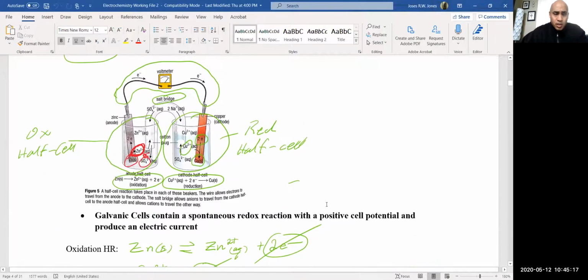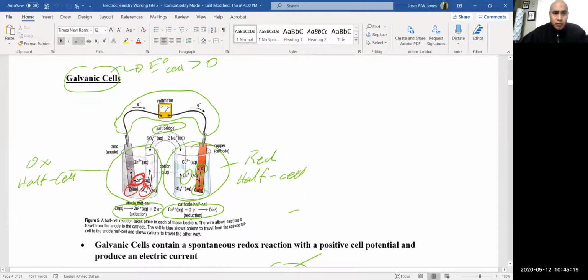Okay, so in this particular setup of a galvanic cell, you have 2 separate beakers where the 2 half reactions are occurring in separate spaces. In other galvanic cells, those 2 half reactions can actually occur within the same beaker, within the same physical space, and you can still get a voltage.